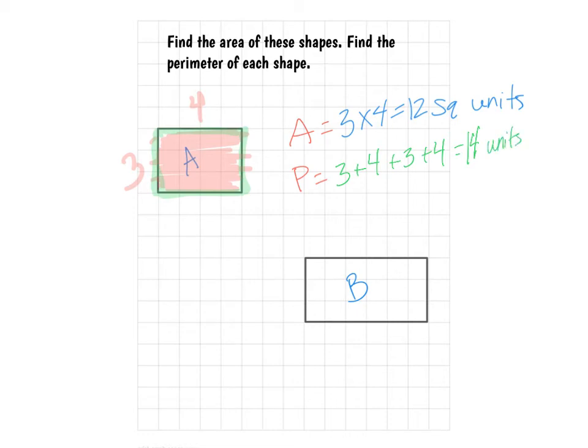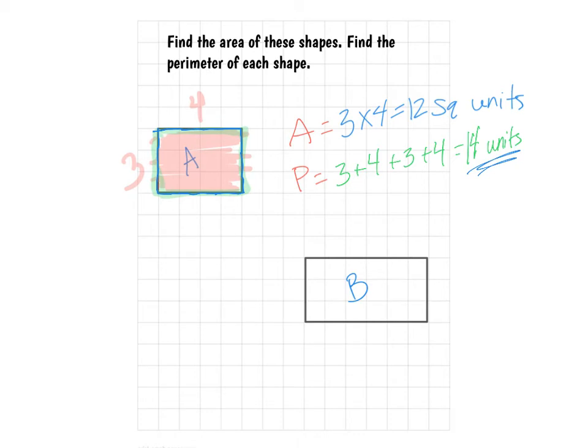units. And I can double check that just by adding or by counting up all these squares on the outside. So I have 1, 2, 3, 4, 5, 6, 7, 8, 9, 10, 11, 12, 13, 14. So I counted 14 squares on the outside, which gives me my perimeter of 14.